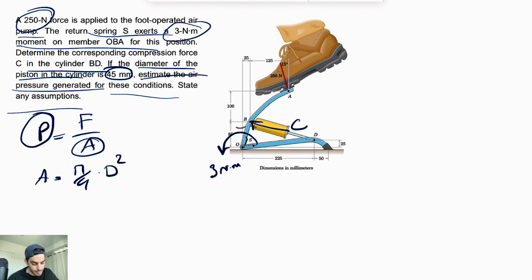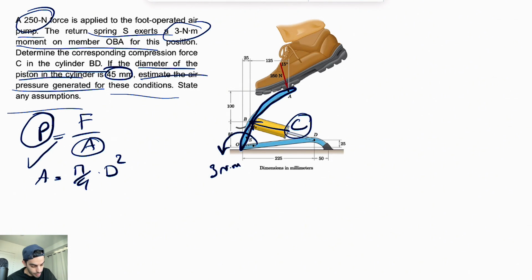But before jumping on that, we need to figure out this force C, which is the compression force in the piston, and after that we should be able to find the pressure from this formula pretty easy. So I'm going to start with the free body diagram for the member OAB.